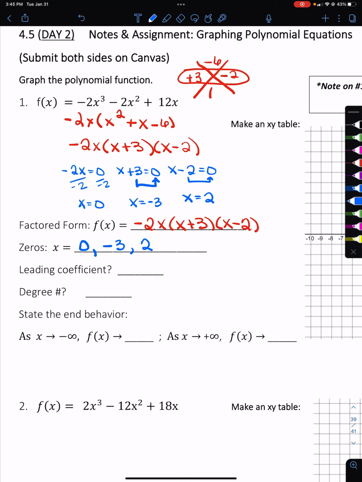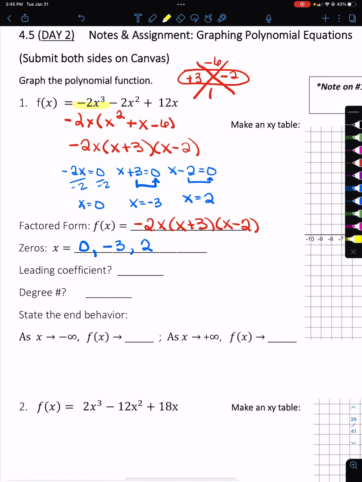Now, when we are looking at our leading coefficient, we are looking at the actual equation that they gave us at first. So our leading coefficient is negative 2. The degree is 3. Now, this is where I want you to sketch just a quick graph of what this should look like. If it's odd, that means they're going to point opposite ends.